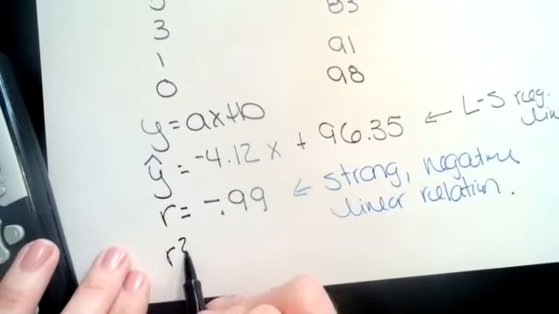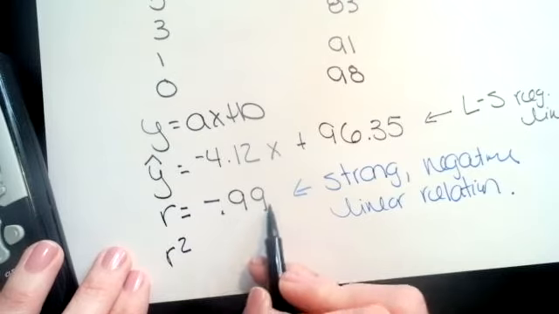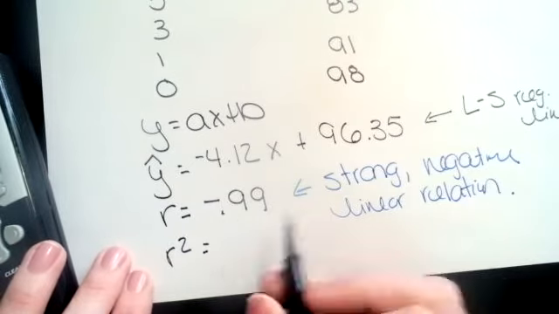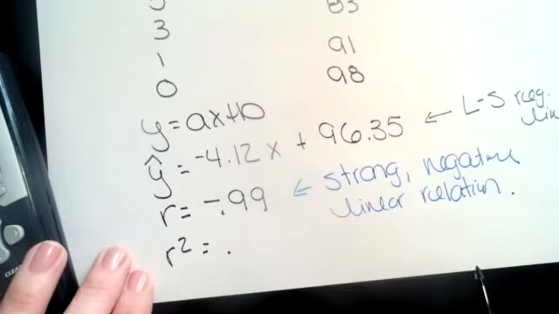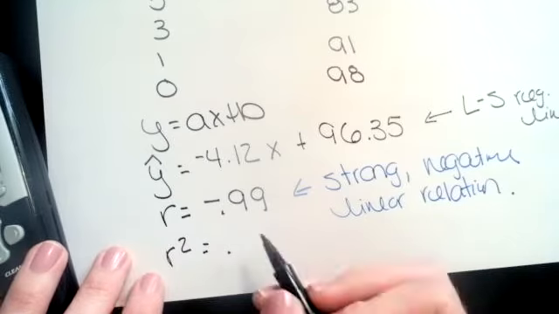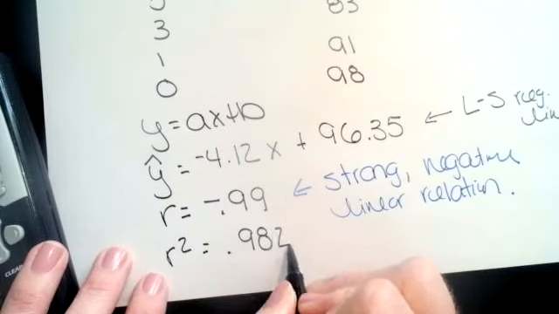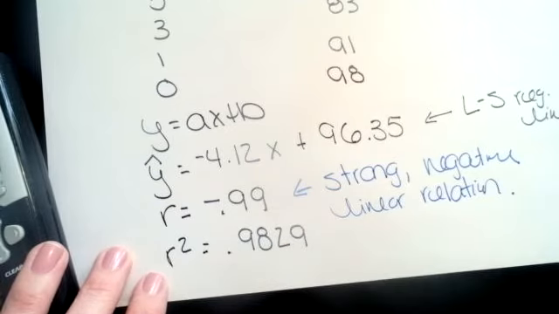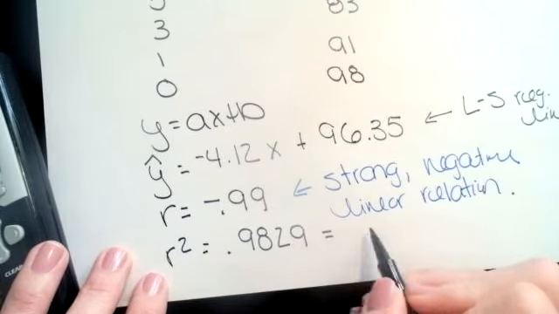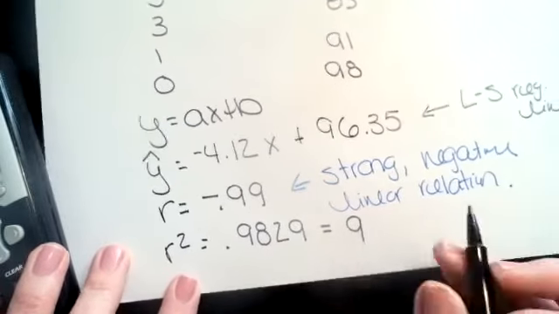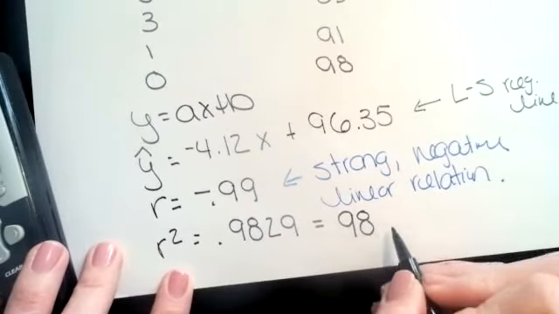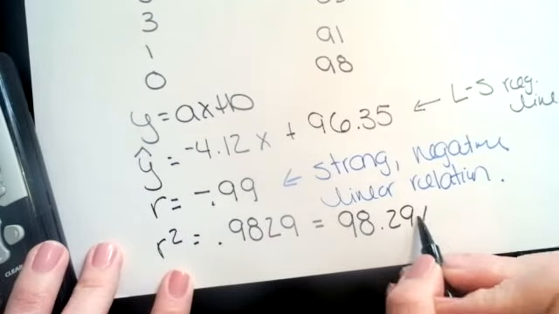And now from my r squared, which is actually this number being squared. And remember, it's always going to be positive. It's always going to be between 0 and 1. And it's 0.9829. And I'm going to use 4 decimal places on here, because I'm going to actually write this as a percentage because it's a proportion. So 98.29%.